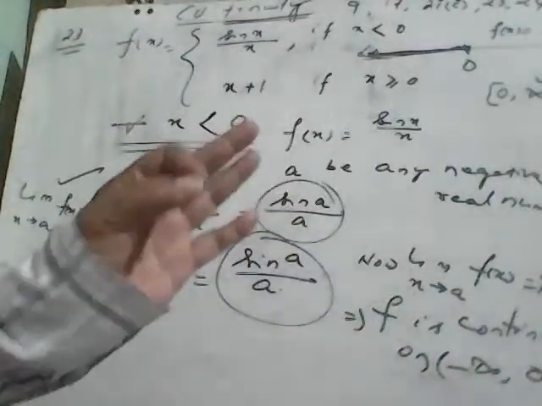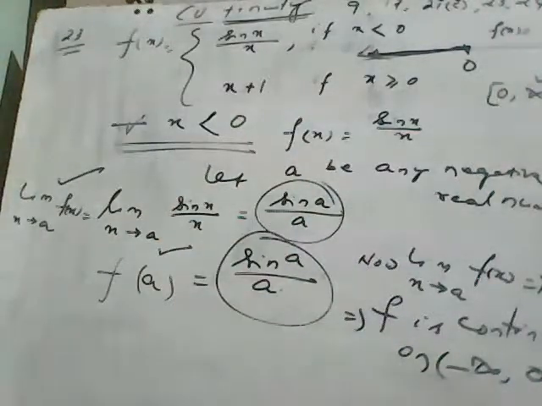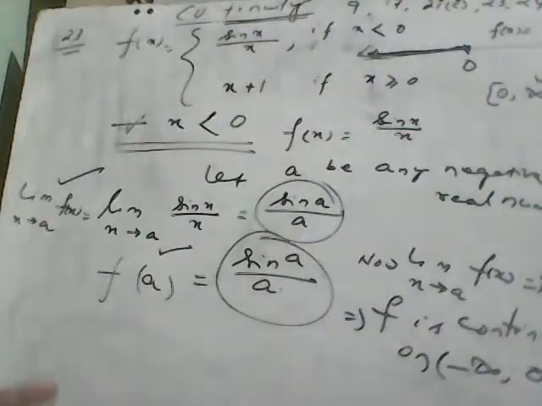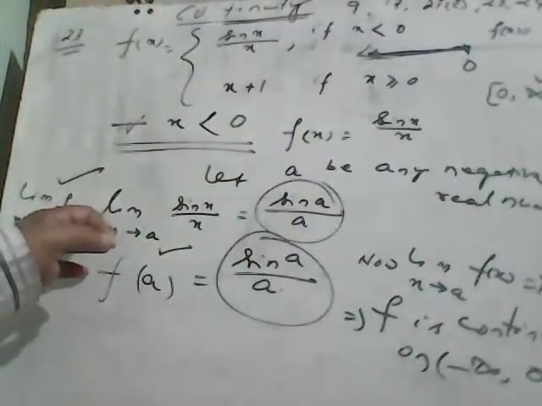I have taken one arbitrary number a from minus infinity to 0, meaning a negative real number. For every real number less than 0, limit f(x) equals f(a). Hence, it is continuous. Now we have proved that for any x lying from minus infinity to 0, this function is continuous.